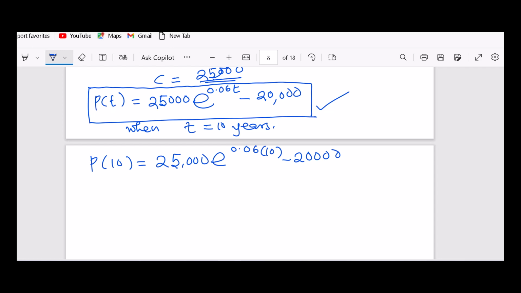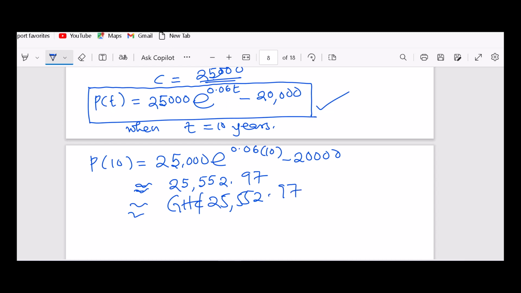When we do this, we get approximately 25,552.97 Ghana cedis. This is what she will have in the account after 10 years.